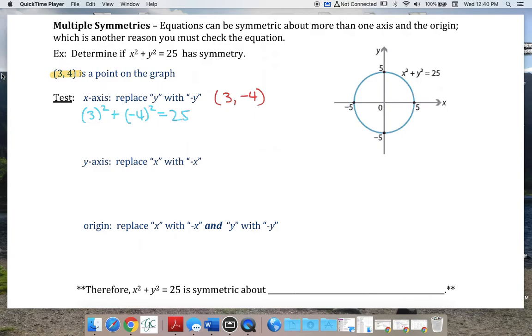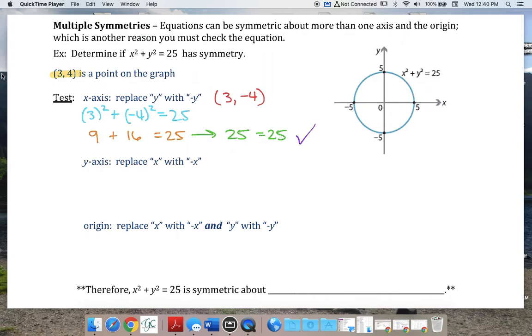So 3 squared is 9, 4 squared is 16. Then if we simplify, 9 plus 16 gives us 25. 25 equals 25. Because that was a true statement, this graph does have x-axis symmetry.